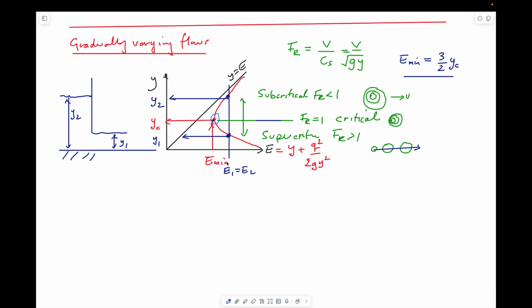And that will be the minimum specific energy. If the actual specific energy of your flow is different from that, it has to be larger than that, then it could be one of 2 formats.